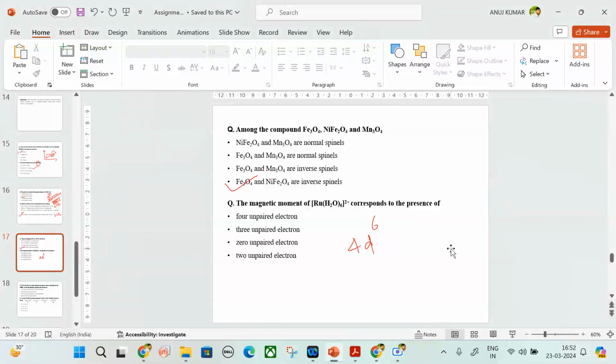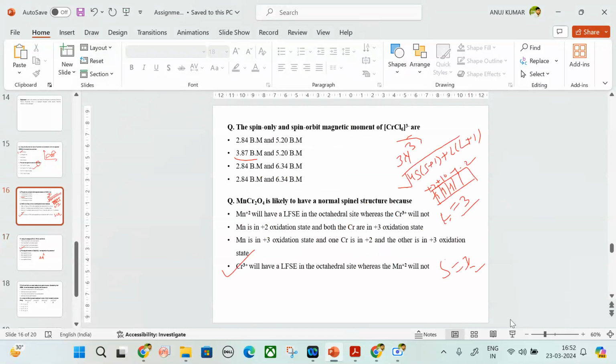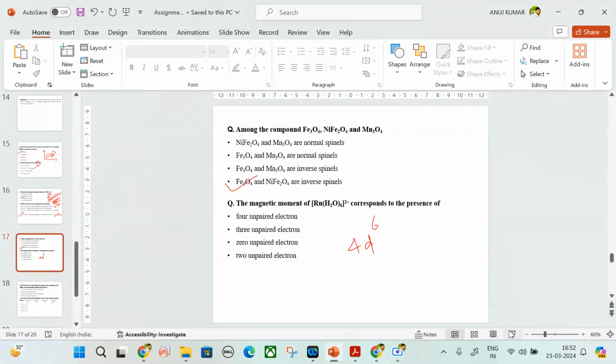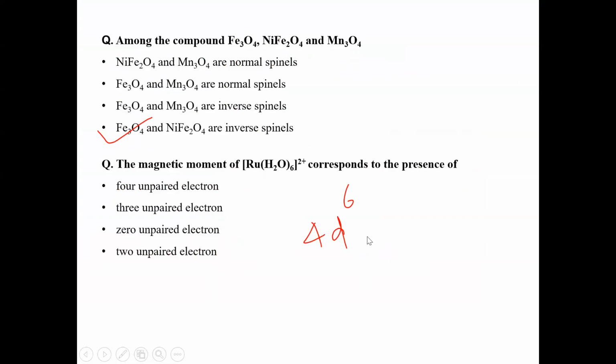Second is A, 4 unpaired electrons. Okay, you know, only the 3d transition series is having both high spin and low spin complexes. If you move from 3d to 4d, right?